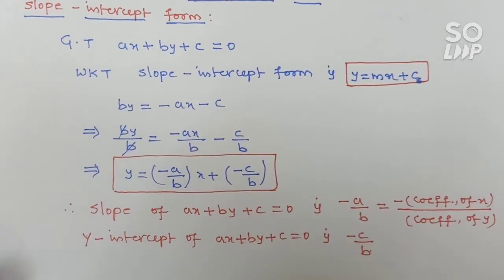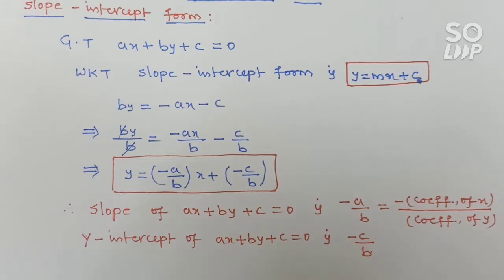This is the reduction of the linear equation ax + by + c = 0 into slope-intercept form.